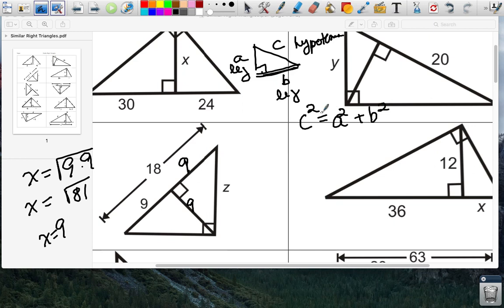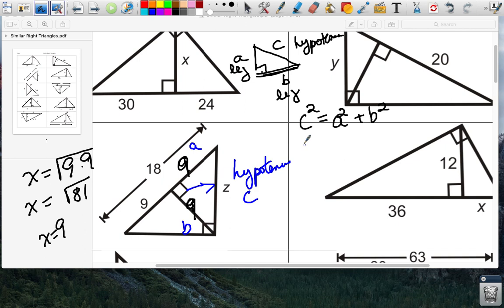So I can use that to find this guy over here, Z. Here's a triangle, right? So in this triangle, this value is 9, this is 9. Let me just change colors for a second. Our hypotenuse, which is the side opposite the 90-degree angle, we're going to call that C. Or the Z, we're going to call it C. And the other two sides, A and B. So we can use this Pythagorean theorem to find Z, which represents the hypotenuse.